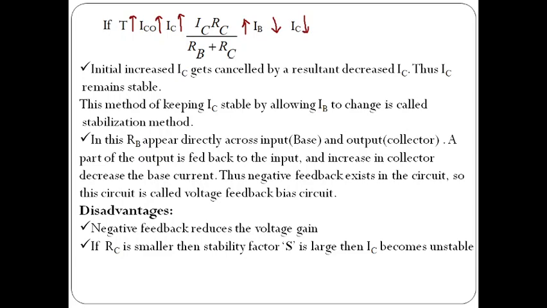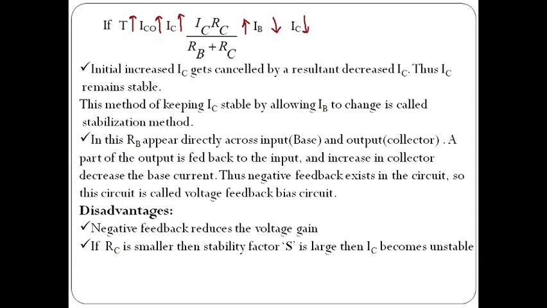This is called the voltage feedback bias circuit. And here this negative feedback action is more responsible for the stable IC.